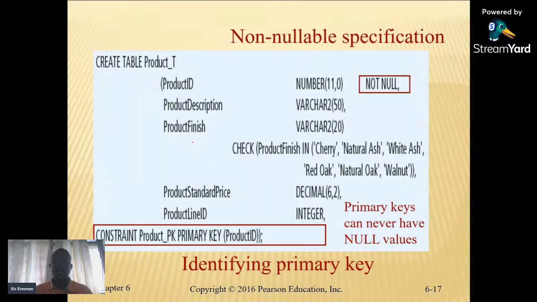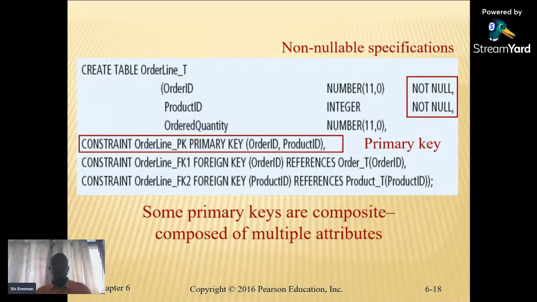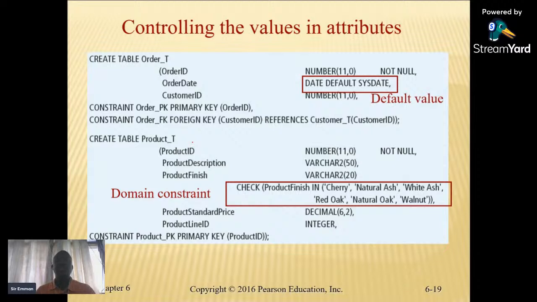A primary key can't be null. So at the top, we're defining product ID, but don't make it empty. It means that you cannot leave it blank. You always have to fill it with something. And again, some primary keys are composite, in other words, they are multiple attributes, and again, they also cannot be null.